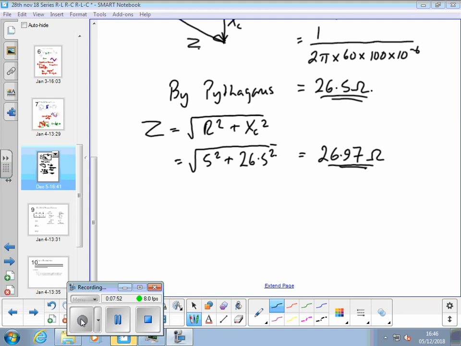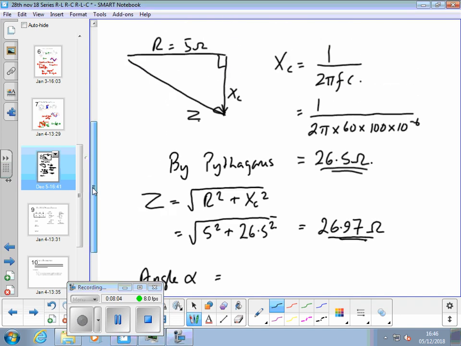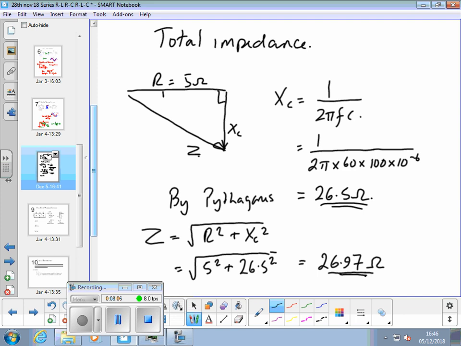But we also want the angle. How can we do that? Again, looking at our triangle, we're interested in this angle in here. We've been given 5, we've calculated the opposite. It would be normal there to use the tangent.